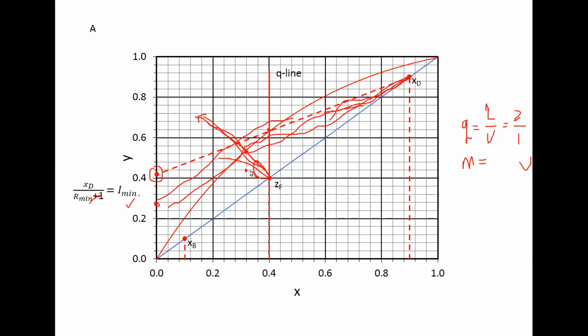Because the vapor is more. So you get the line over there, 2 and 1, 2 and 1. So you get the vapor over here. Get that? So the Q line will depend on the composition of liquid and vapor in your feed. After you get the Q line, then intersect the Q line with the equilibrium line.